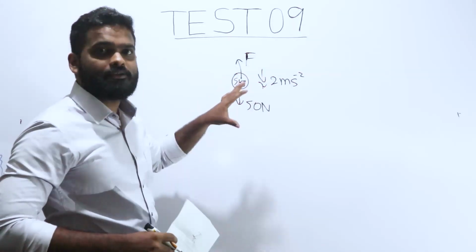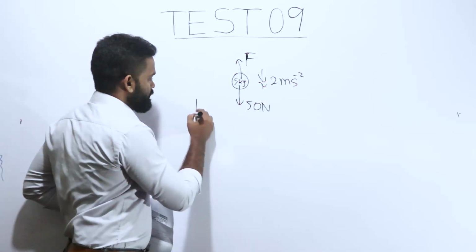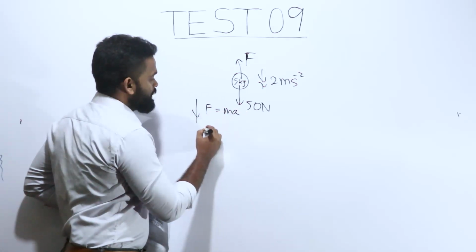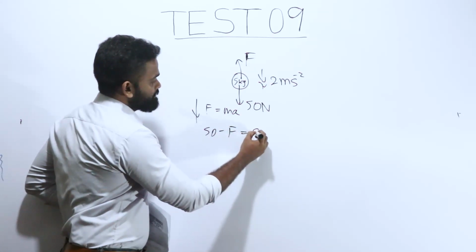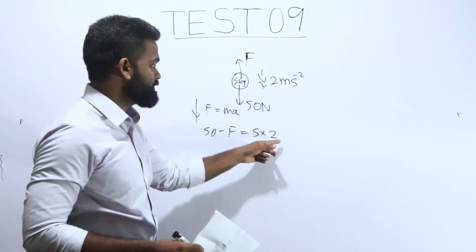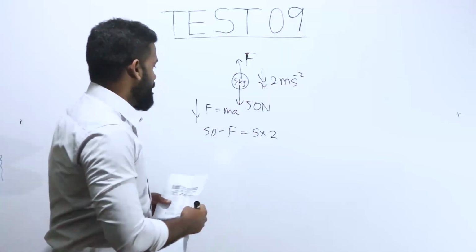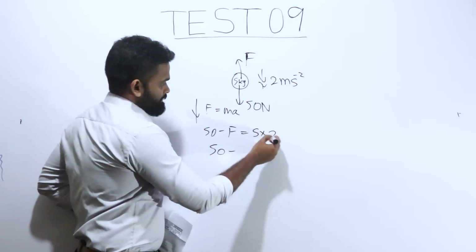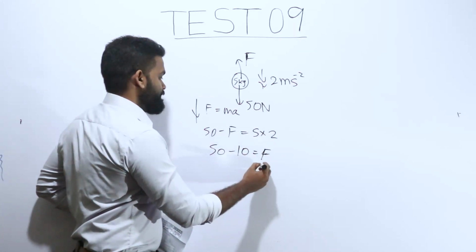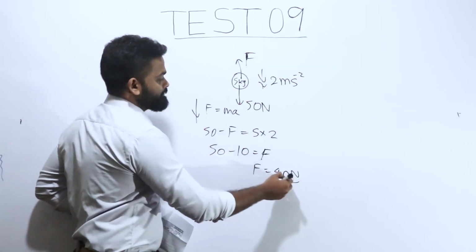Then just simply apply Newton's laws. I'll apply Newton's laws downwards. That is F equals ma. 50 minus F equals mass 5. Acceleration is 2. That acceleration is downwards. Then 50 minus 10 equals F. So F is equal to 40 Newton.